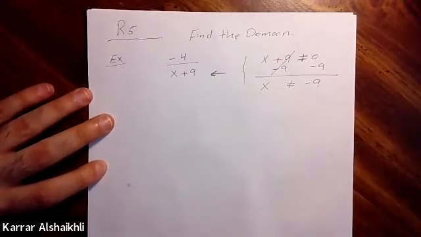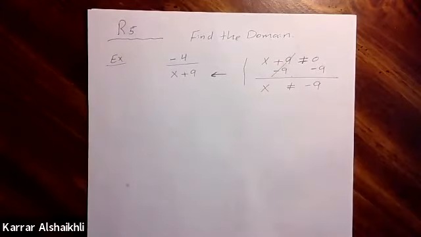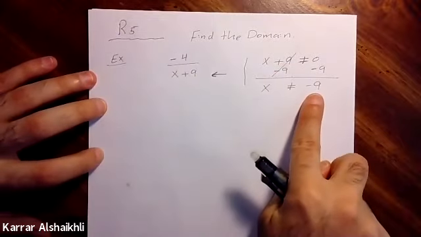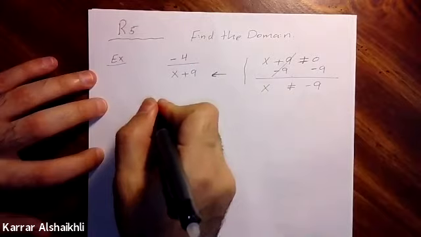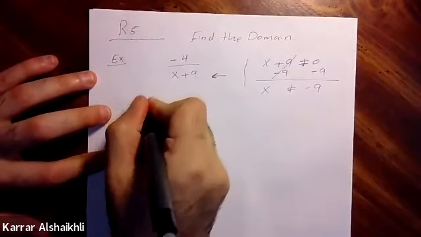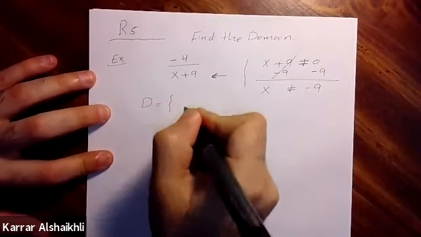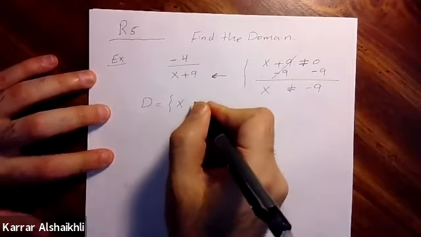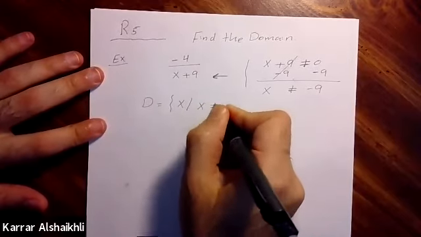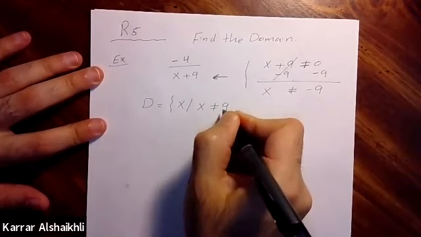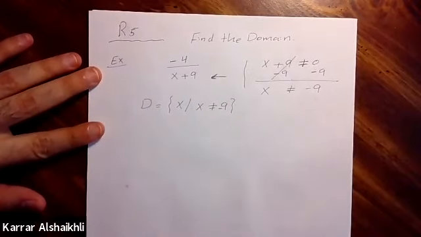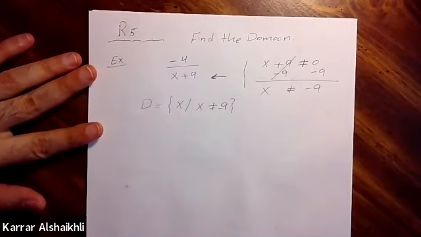Now, how do we write down the domain? That means the domain, the inputs here, is all the numbers except -9. So we will say the domain is equal to all x values such that x not equal to -9.